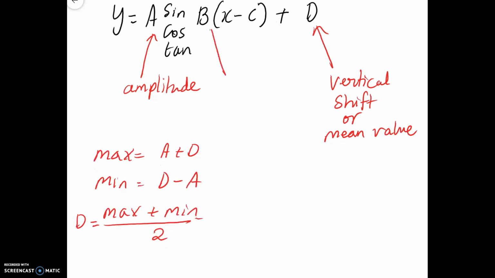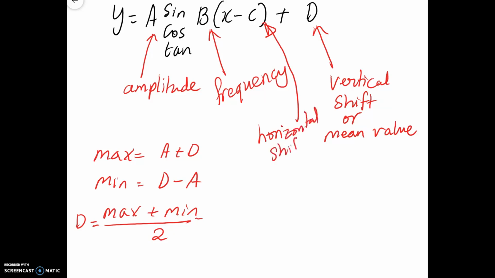Now, this value here is your frequency, and it's the number of times the wave repeats in a usual period, which is 360, or 2 pi for sine and cos, and pi for tan. This value here is your horizontal shift.